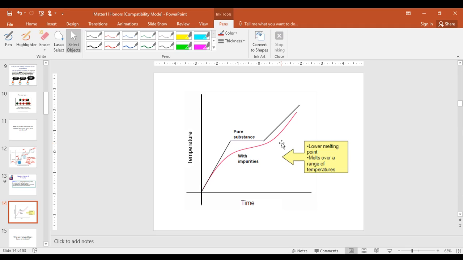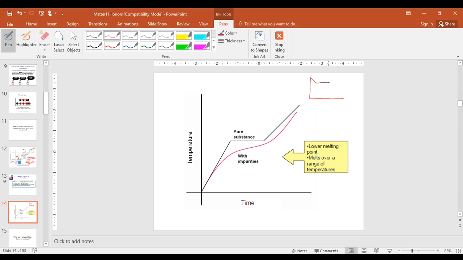Now, one other thing I want to point out is what I have shown you is a heating curve. At the top of this screen, I'm just going to draw a cooling curve for a pure substance. If we had a pure substance and we're cooling it instead of heating it, we would start with a gas. It would flatten out.